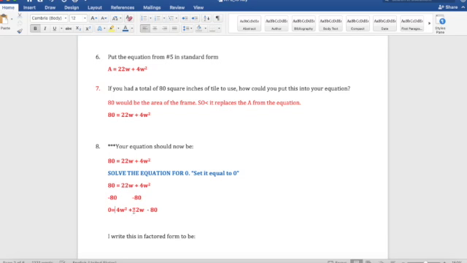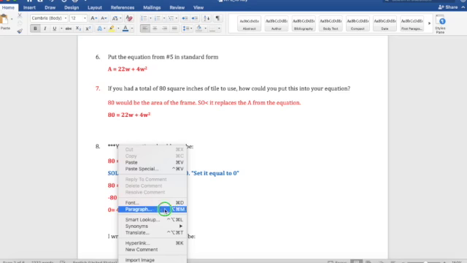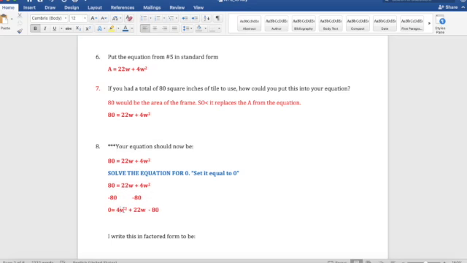Just flip-flop the locations. I like having the quadratic term first, and that's just how you should write it. The technical definition of standard form requires it to be first, but really it doesn't matter. It's just going to be a lot more helpful to write the quadratic term first. So we're writing that equation in standard form.